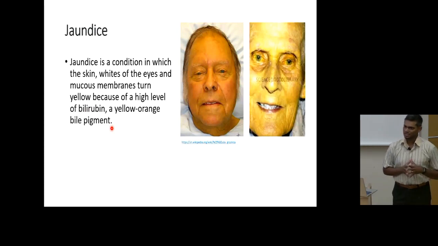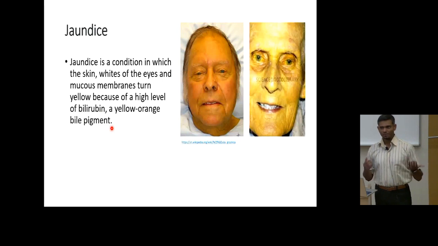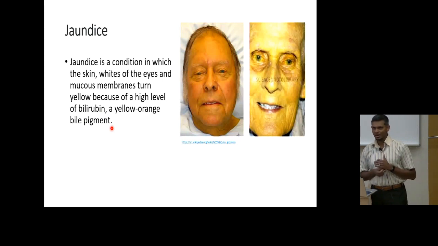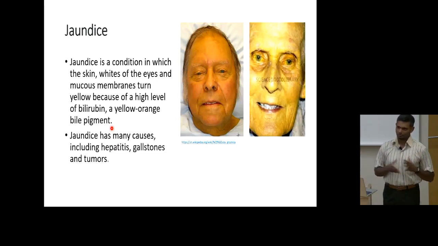Bilirubin is the main pigment in bile, but the way bilirubin is produced is that it's a breakdown product of the red blood cells. And we can talk about these details in the upcoming lectures. But the reason why this bilirubin is not excreted normally could be for a number of reasons.